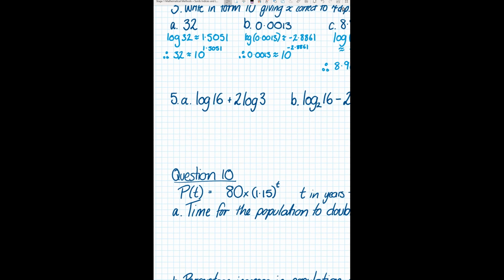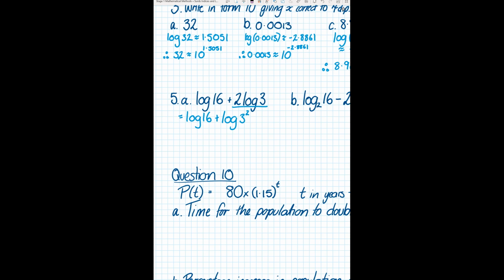Okay, now going back to review set 13A, looking at question 5. We're using our log rules here. So the log of 16 plus 2 times the log of 3. Firstly, we'll leave as log 16 to start off with, and we'll simplify the second term here. So that's the equivalent of the log of 3 to the power of 2.